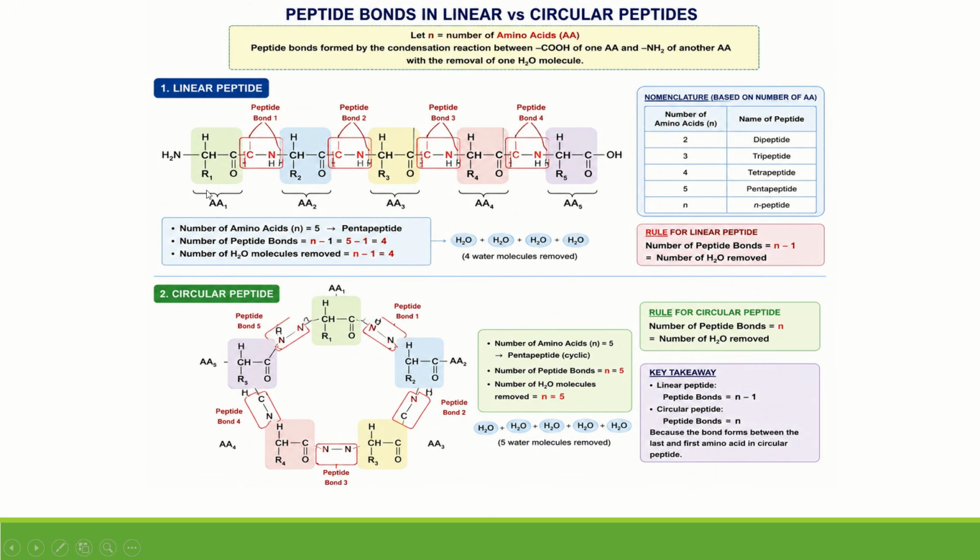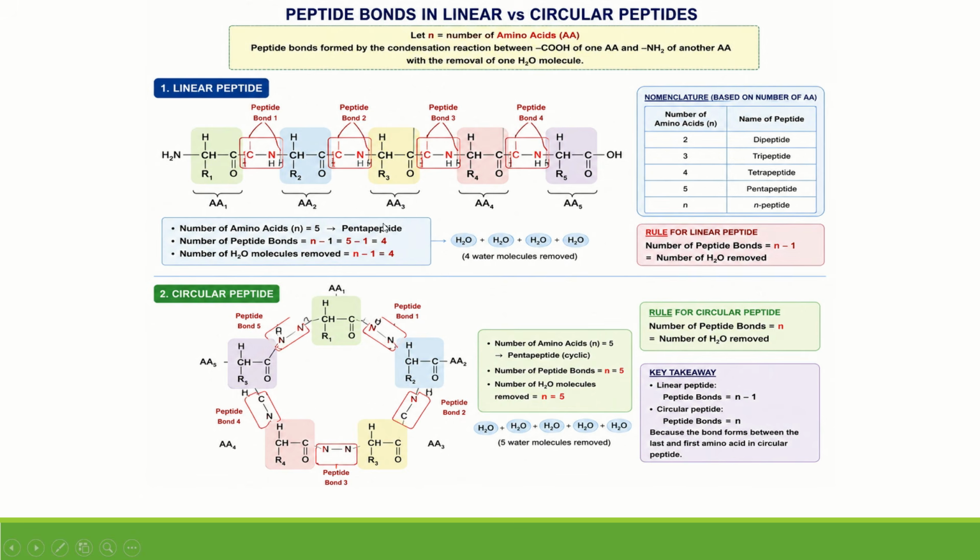So, linear peptide is this one: amino acid 1, amino acid 2, amino acid 3, amino acid 4 and 5. They are linearly arranged. So, here if you see, the number of amino acids are 1, 2, 3, 4, 5. 5 amino acids. So, it is a pentapeptide, and number of peptide bonds in this linear pentapeptide are 1 peptide bond, 2 peptide bonds, 3 and 4.